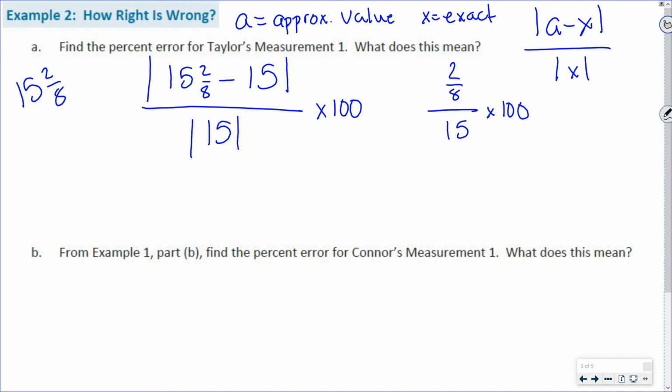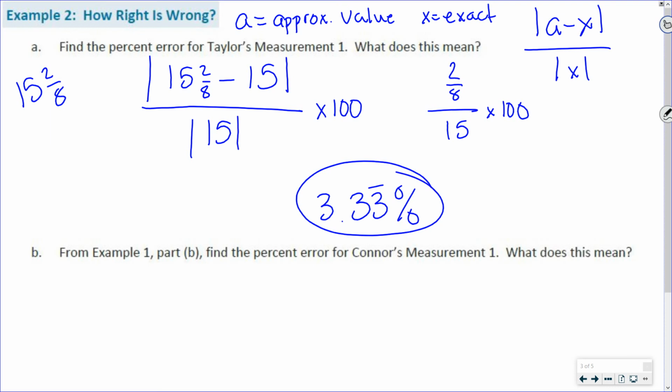So if I was in your calculator, I would just type in 0.5 divided by 15, and I'd get a decimal. Then multiply that decimal by 100, and you find out that Taylor's measurement was only 3.33 repeating percent off. Okay, that's how much he was over.